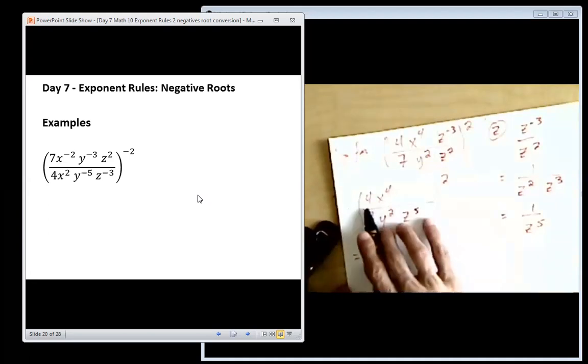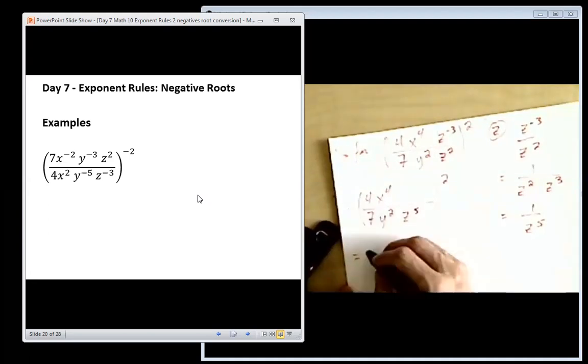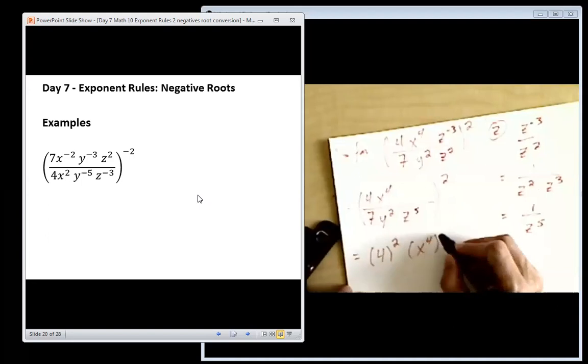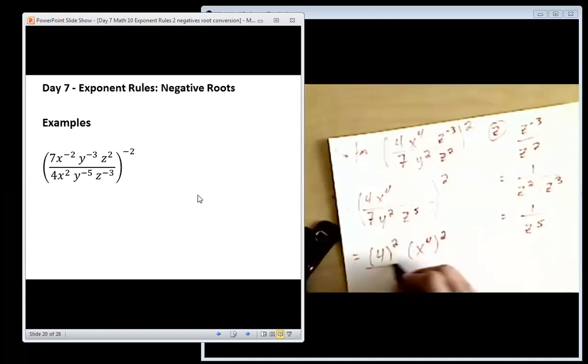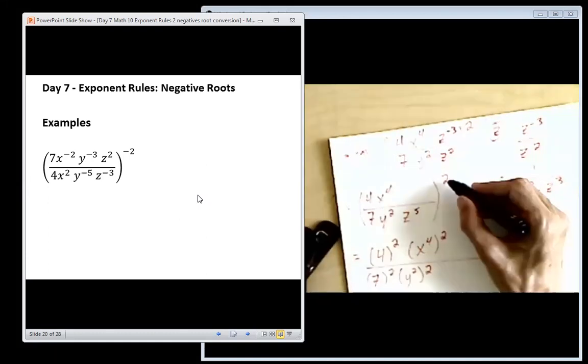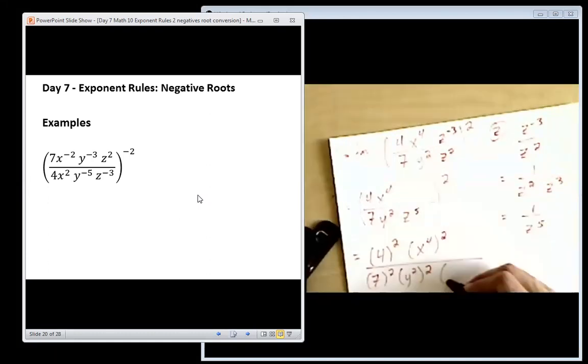It's not going to be 8. It's going to be x to the 4 with that 2, 7 with that, y with that being the 2 that's on the outside. It's going to each thing now. Boom.